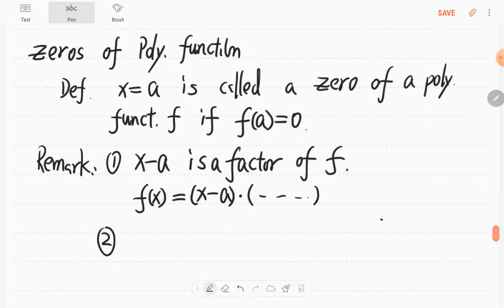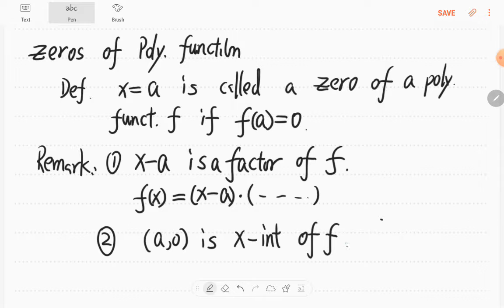And if x minus a is a factor, then when x equals a, it becomes 0. So in other words, a zero is an x-intercept of this function f.